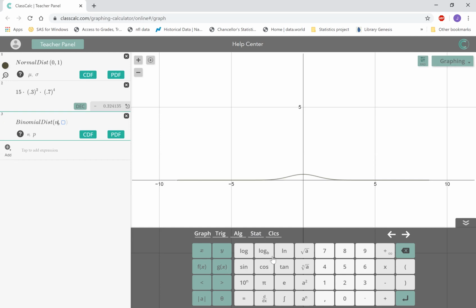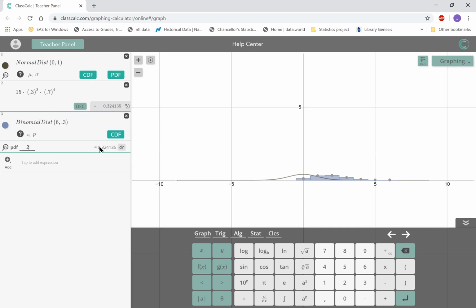So you have to put the N, which is 6. And then what you want to do is put the probability of P, which is 0.3. And for this one, what you want to do is say PDF. And then you say X is equal to 2.